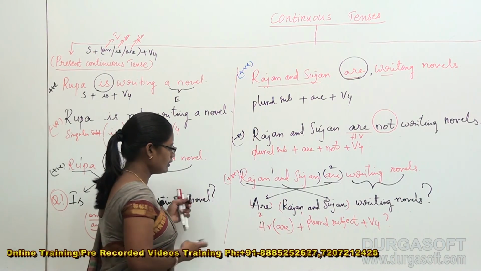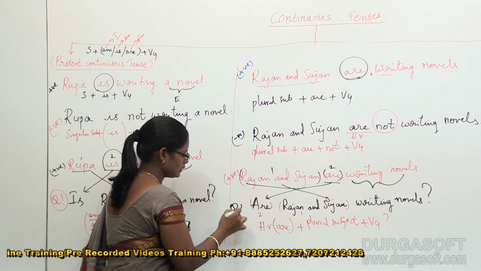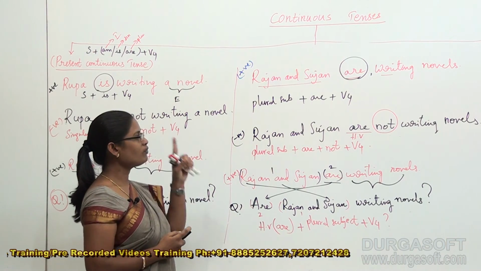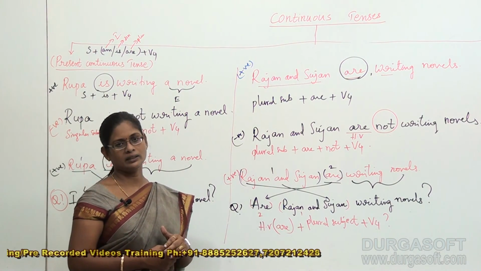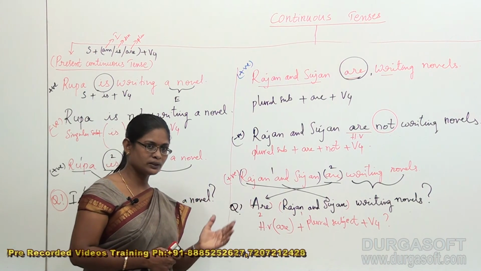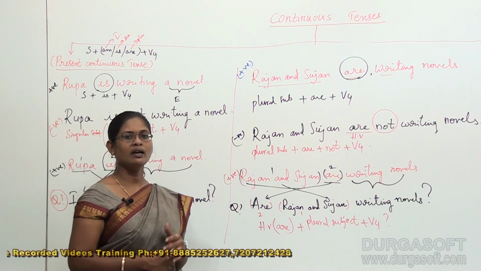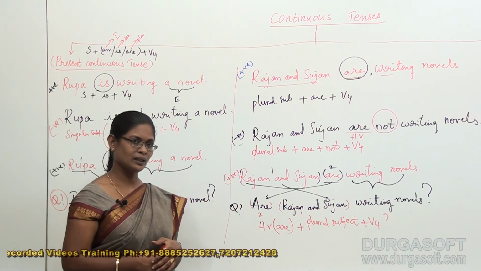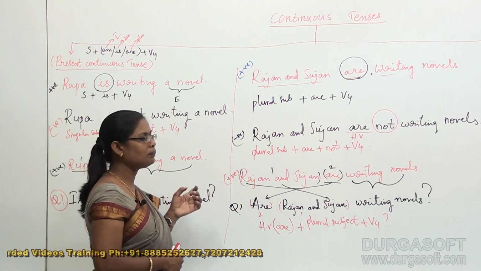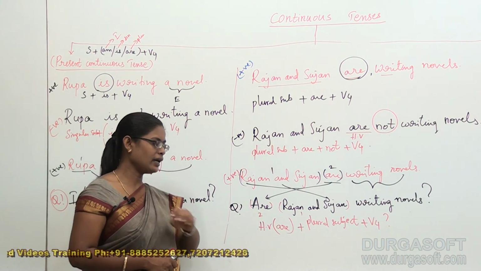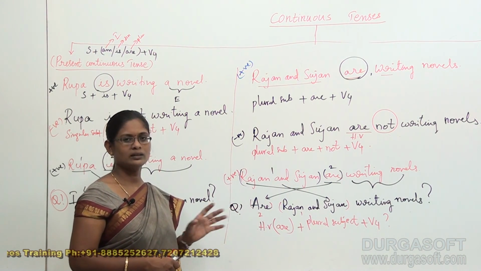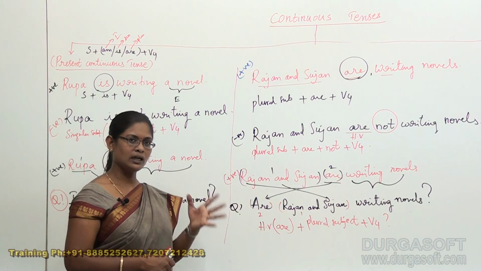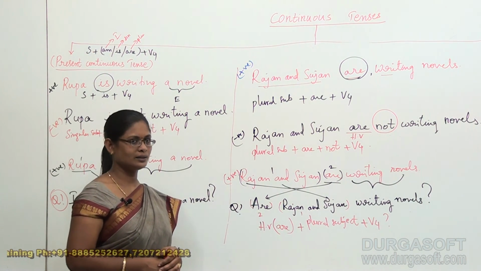Out of one sentence, we can generate any number of sentences based on positivity, negativity and questioning sense. If one example is given, you can generate any number of examples using different subjects, meaning a singular or a plural subject.